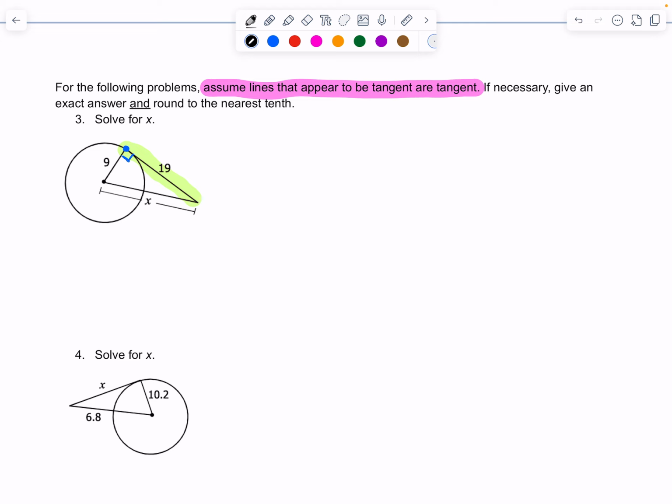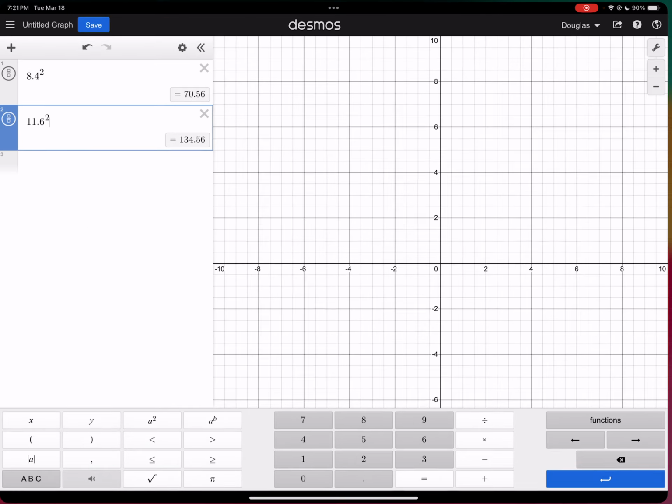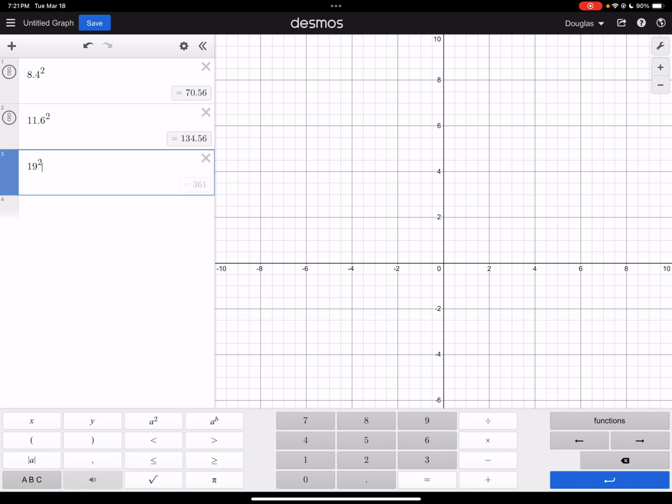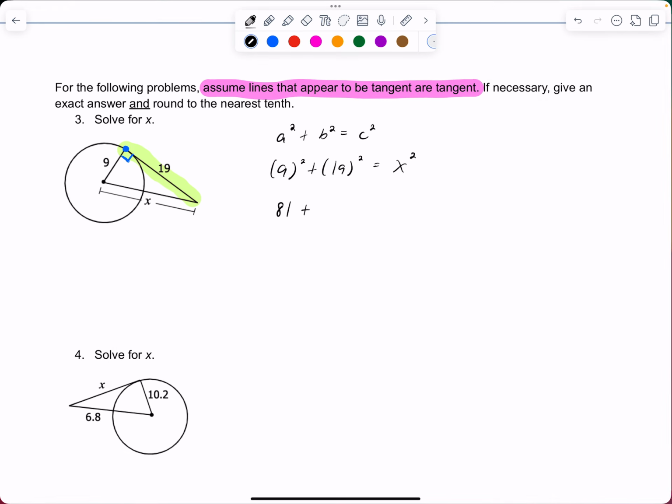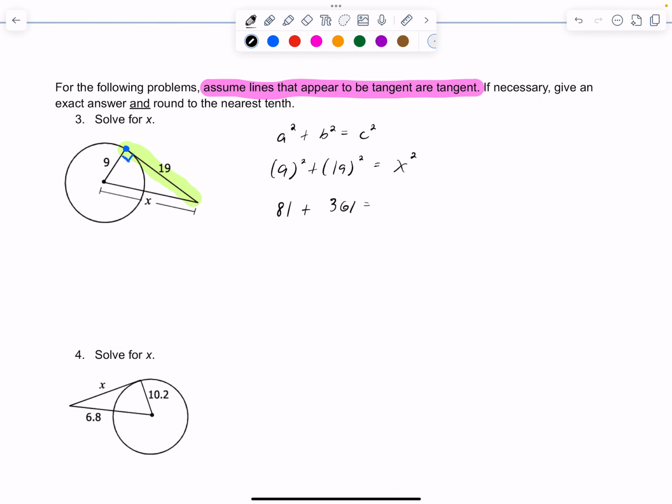So to find this x, which is the hypotenuse, I'm going to use the Pythagorean theorem again: 9 squared plus 19 squared equals the hypotenuse x squared. So that's 81, and 19 squared is 361.